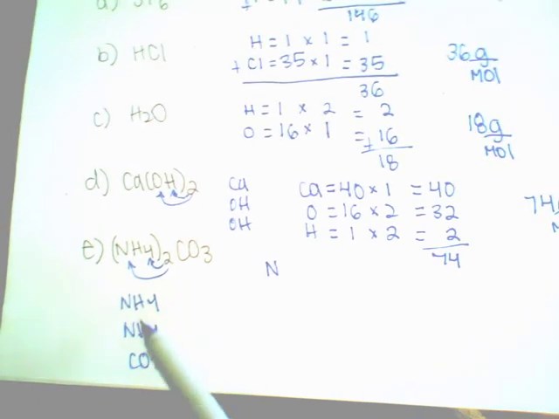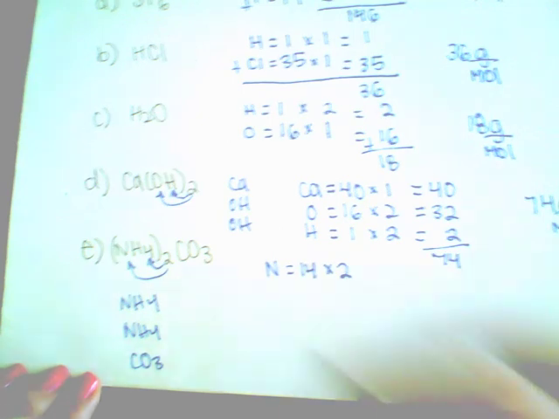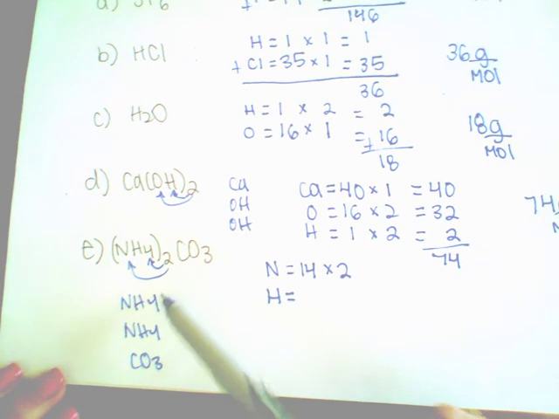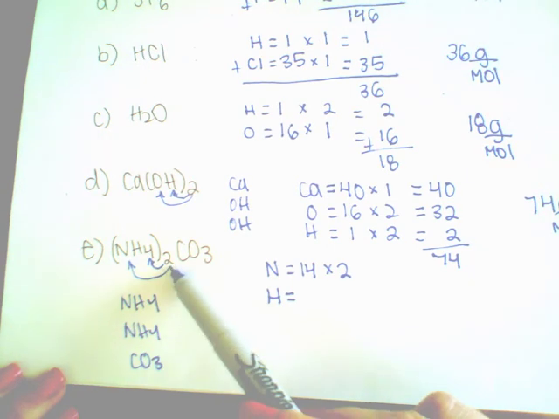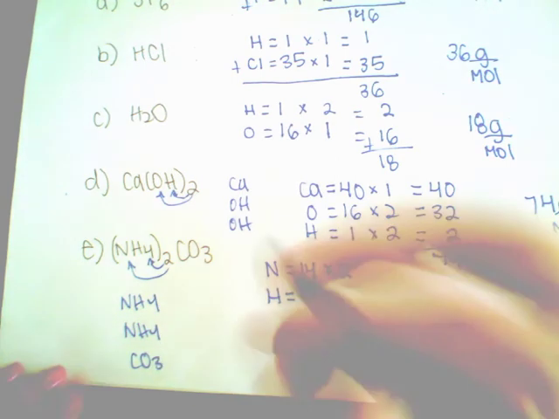If you write it out, I wrote out my 2 NH4s. So notice there's 2 nitrogen. Molar mass of nitrogen is 14, so we're going to multiply that by 2. For hydrogen, we have 2 times 4 hydrogen. When I wrote out my 2 NH4s, NH4 and NH4, because the subscript was 2, now if you look, 4 plus 4 is 8.